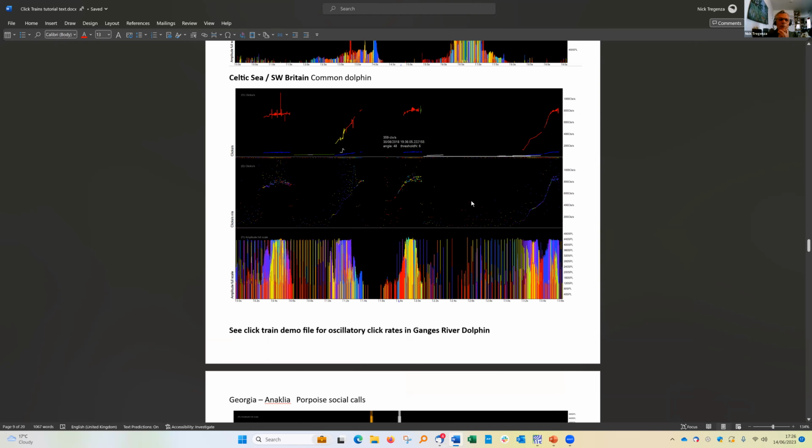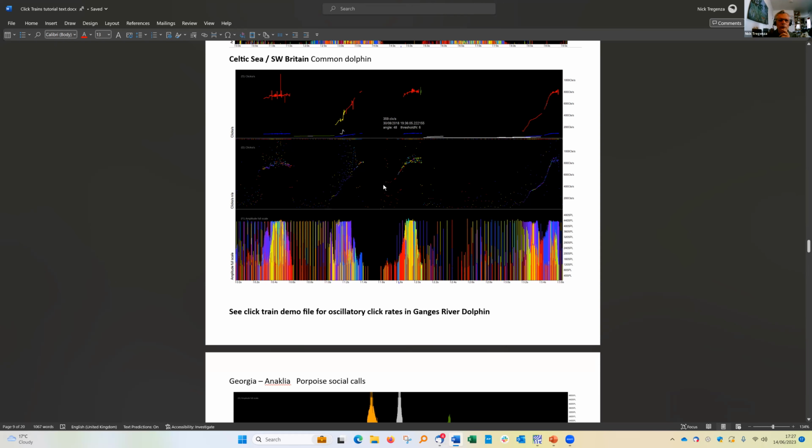And this one is getting a bit more difficult, and I don't altogether know the way to interpret this. But in looking for social click trains, we're going to be looking for repeated patterns that aren't buzzes. I would pass that as a buzz and that as a buzz, but I wouldn't pass these two. I would say they could be social. So we'll be focusing on that.